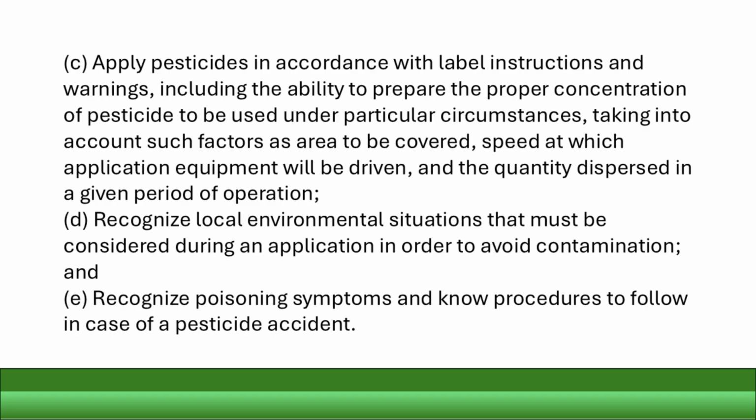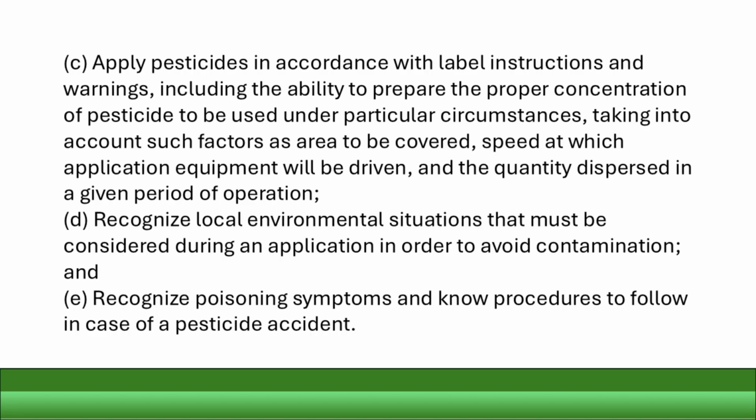C. Apply pesticides in accordance with label instructions and warnings, including the ability to prepare the proper concentration of pesticide to be used under particular circumstances, taking into account such factors as area to be covered, speed at which application equipment will be driven, and the quantity dispersed in a given period of operation.